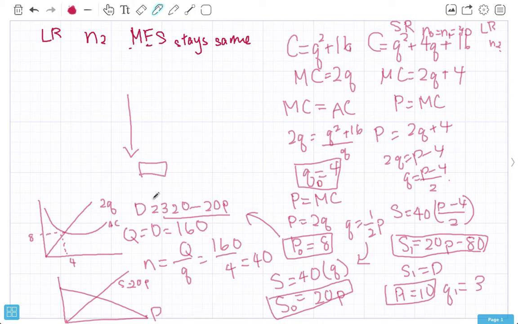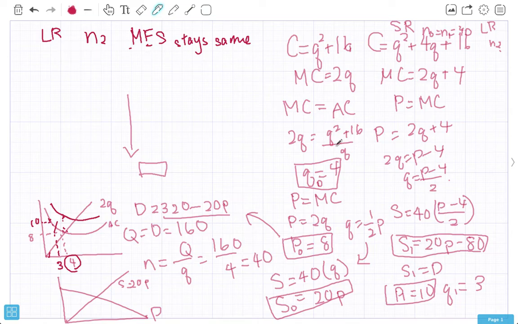So what happened here graphically is that from 4 and 8, you went to 3 and 10. I took the values from here. And now you want average cost to be the same so that it would be like that. Sorry, the line should go more like that. But the idea here is you want to go back to the quantity of 4 because MES stayed the same.